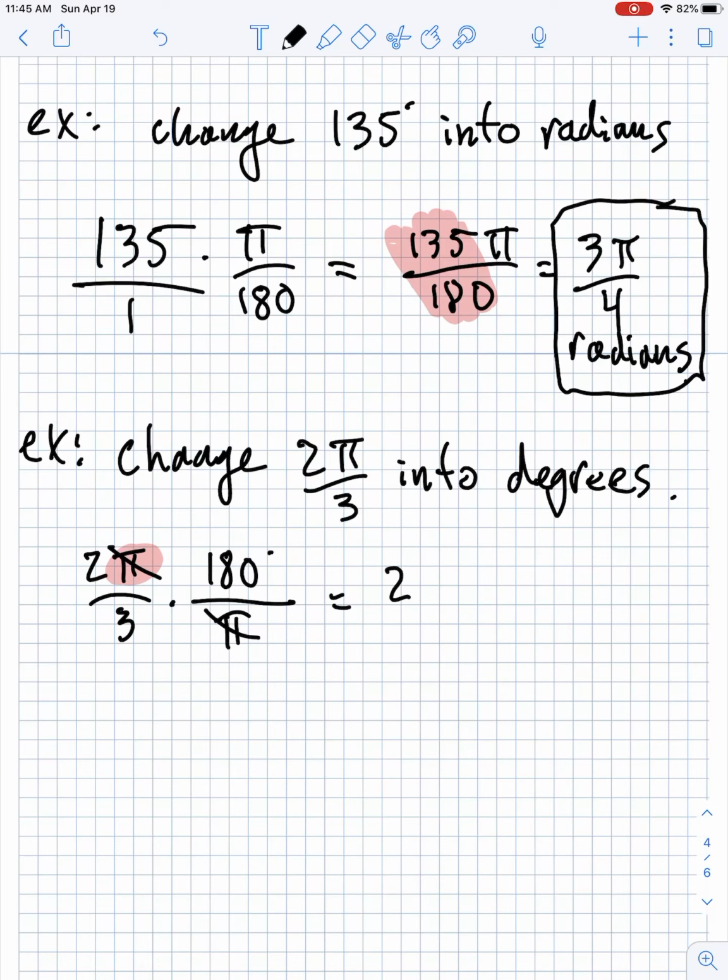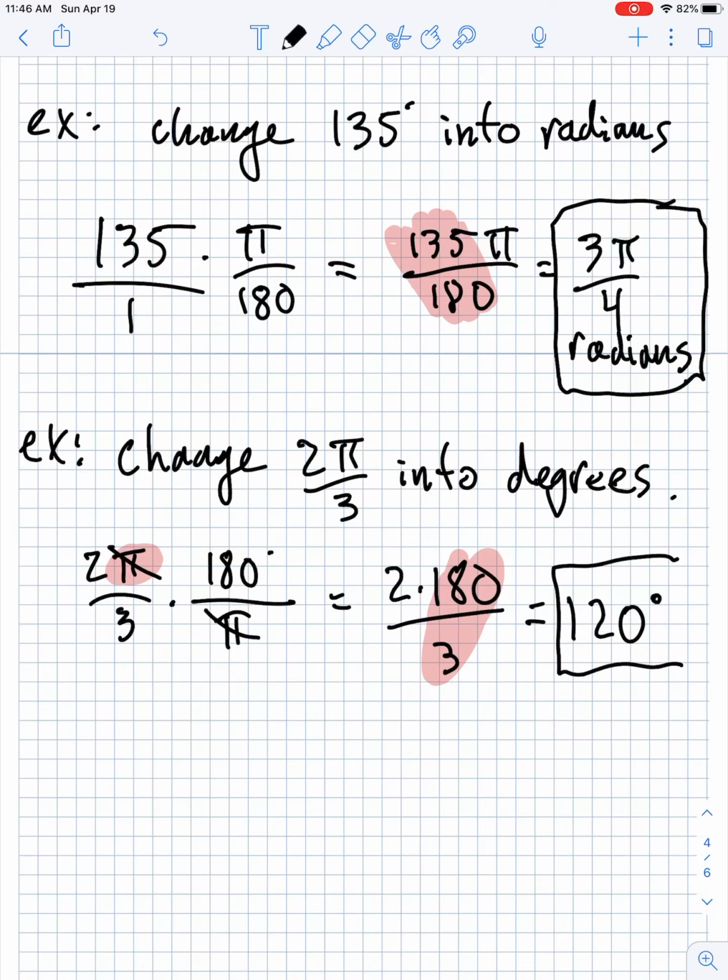And then we just get 2 times 180 over 3. 3 goes into 180, 60 times. Then 2 times 60 is 120. So we got 120 degrees here. Final answer.